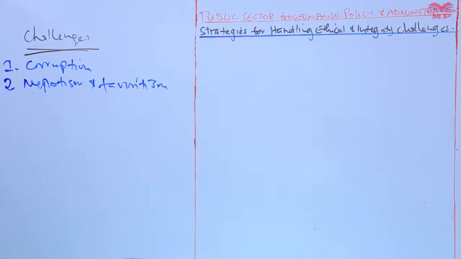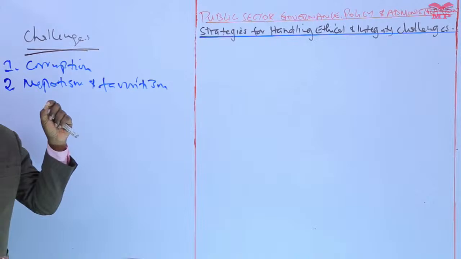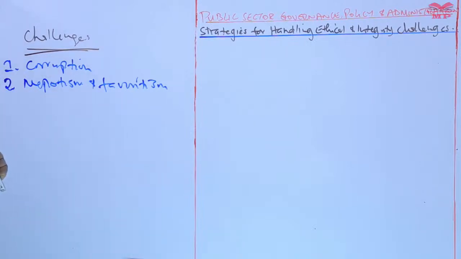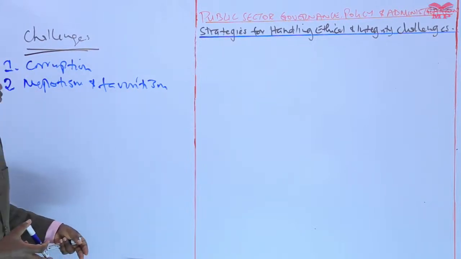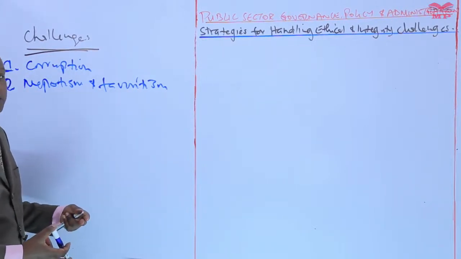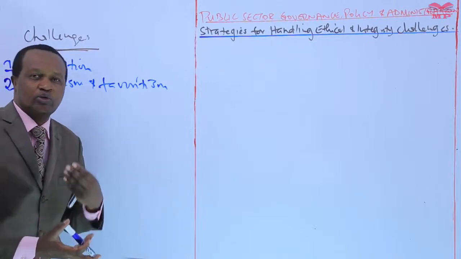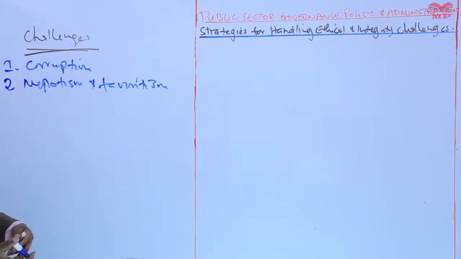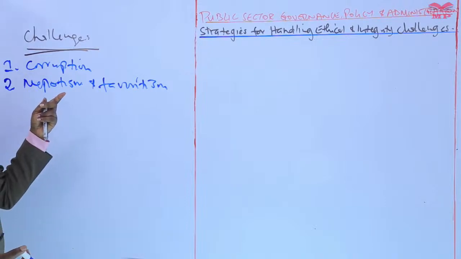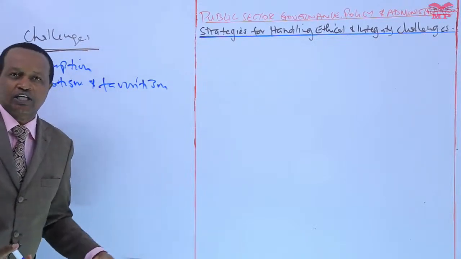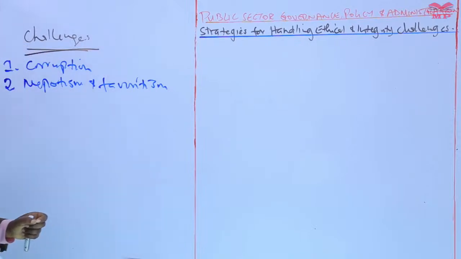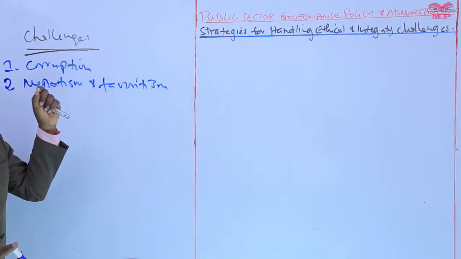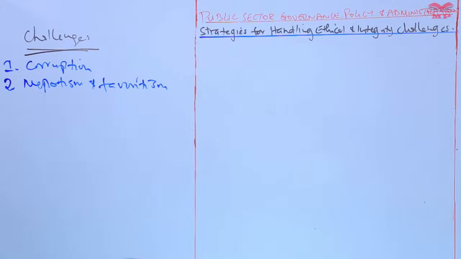And that can lead to incompetent individuals occupying key positions, which then hinders service delivery and erodes public trust. In Kenya today, we have individuals holding office to which they do not qualify at all, and that is because of nepotism and favoritism, where individuals are appointed and promoted to positions which they do not merit. That is a challenge in public sector.